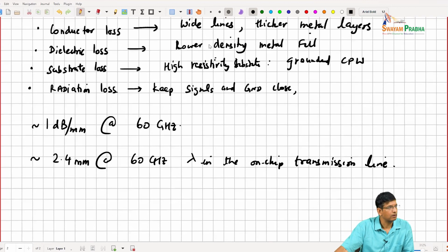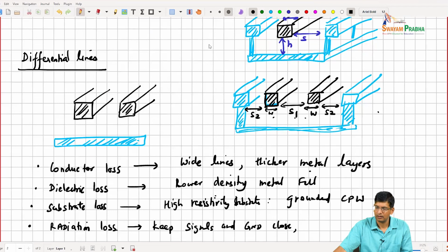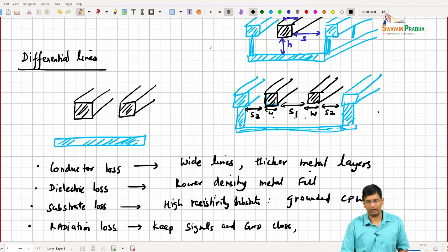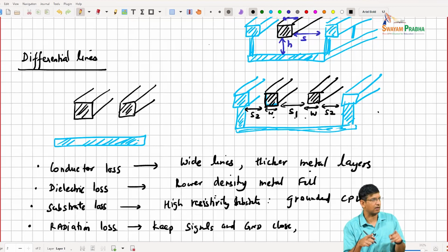It will still work. We will discuss that context when we discuss coupled lines, because differential lines are nothing but two lines that are coupled together.